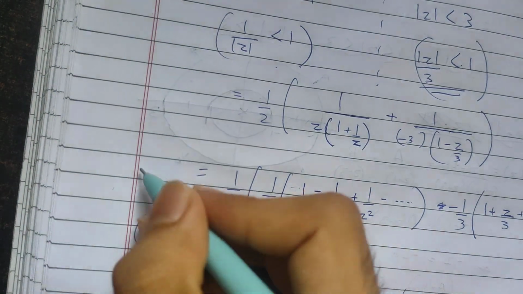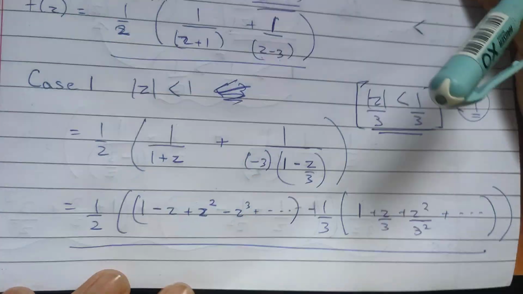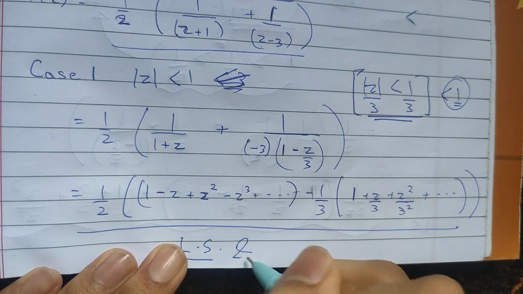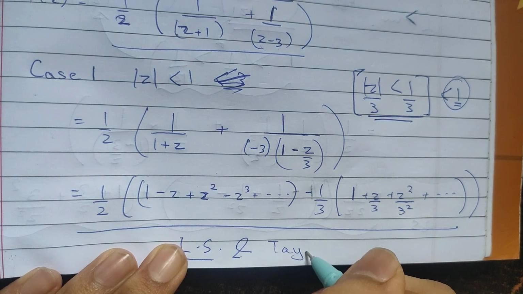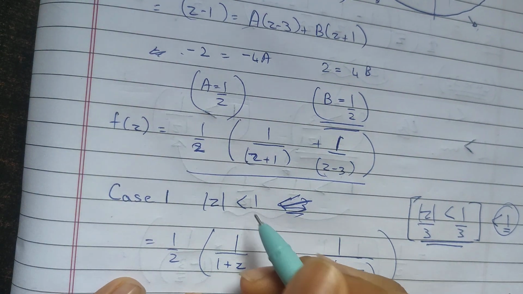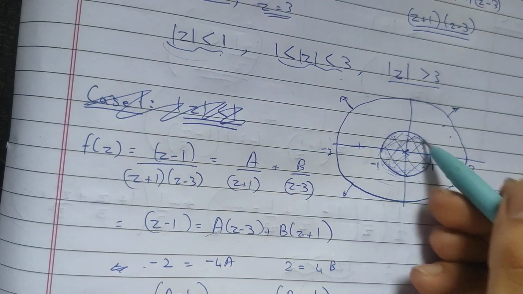Even the one we calculated earlier was a Laurent series expansion, and the first one we calculated is a Laurent series expansion and a Taylor series expansion. Both converge at this point because it's analytic for mod z less than 1 as well as mod z less than 3, basically this center region.